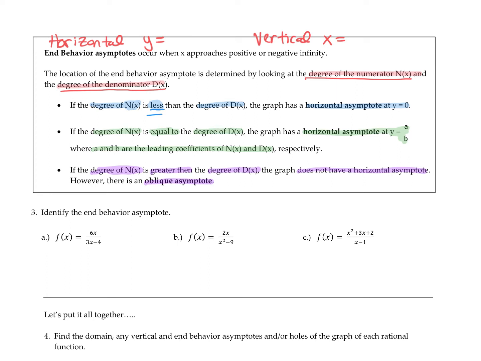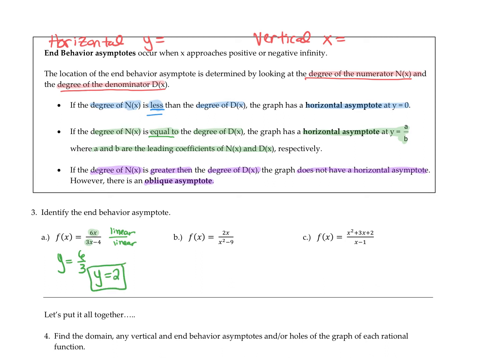So if I look at my numerator and my denominator in A, I can see I have 6x and 3x. So the degree of the numerator is 1, and the degree of the denominator is also 1. Because it's linear over linear, that means my degrees are equal, so my asymptote y is going to equal 6 over 3, so it'll be y equals 2.